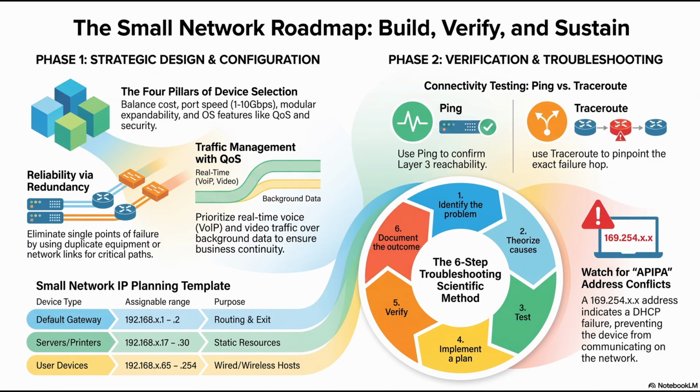Exactly. I do have a question, though, about how administrators interact with these protocols. There is a massive push in the industry right now to force everyone to use SSH, which is Secure Shell, instead of this older protocol called Telnet for remote administration. Yes, a very strong push. But if SSH and Telnet basically do the exact same thing, letting an admin log into a router from a laptop across the building just to type commands, why force the switch?